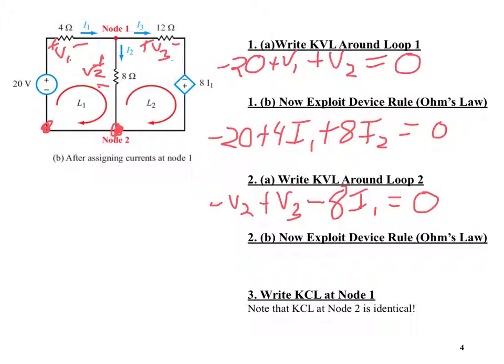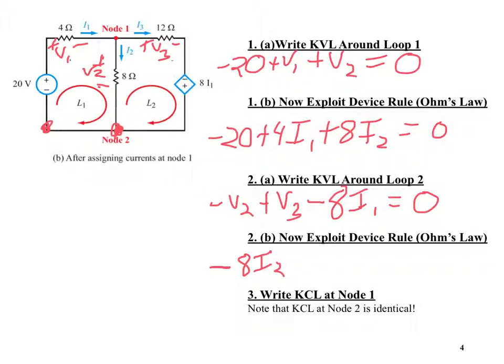So V2 itself is just equal to I2 times 8, or 8I2. But because we have the negative V2, we'll still have the negative sign there. That's from the KVL direction that we were going. And then V2 itself is positive 8 times I2. So we have positive 8 times I2.